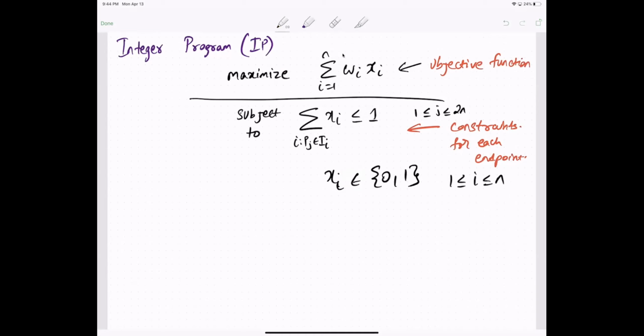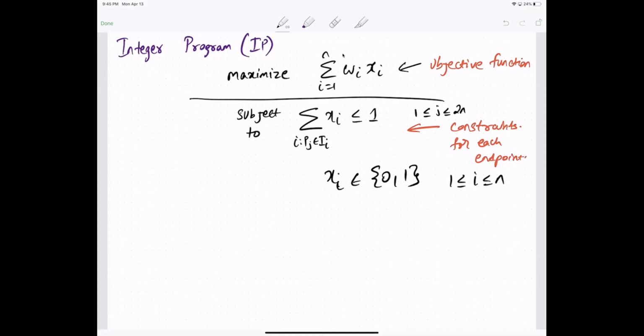We are basically saying xi is either 0 or 1 for each interval. So you either pick it or you don't pick it. That's why it's called an integer program, because every variable that we consider here will only take an integer value, which is either 0 or 1.